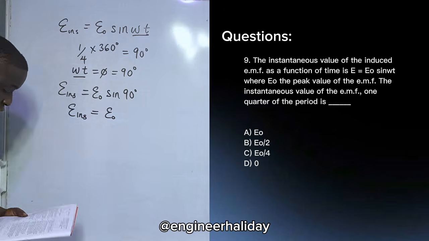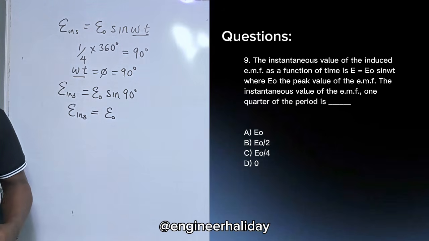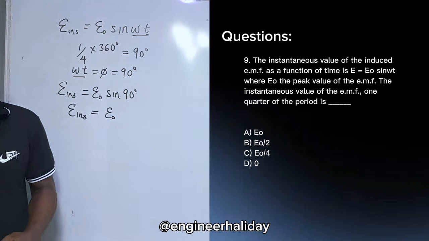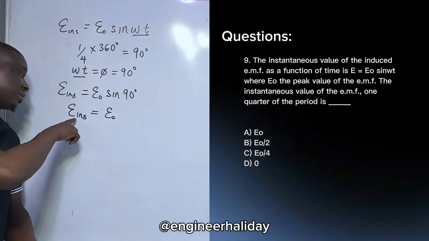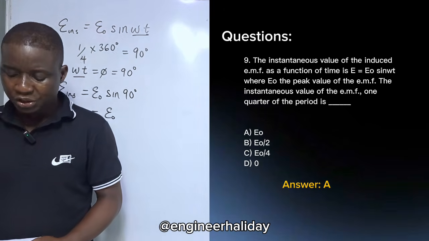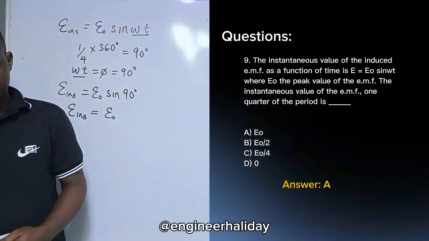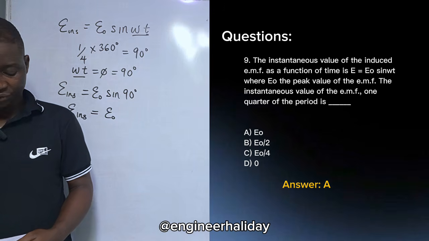So we are going to have option A. They said the instantaneous value of the EMF at 1/4 of the period is dash. A, E naught. B, E naught over 2. C, E naught over 4. D, 0. The answer is E naught.